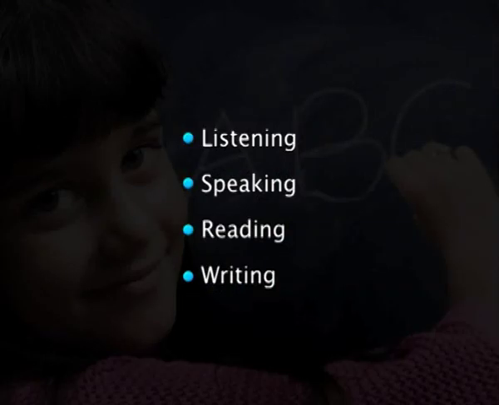In the 1950s and 1970s, it was postulated that all four language skills, that is listening, speaking, reading and writing, should be taught, but the spoken skills should be given priority.